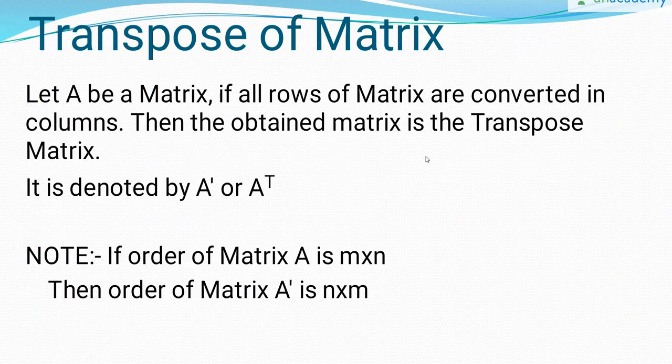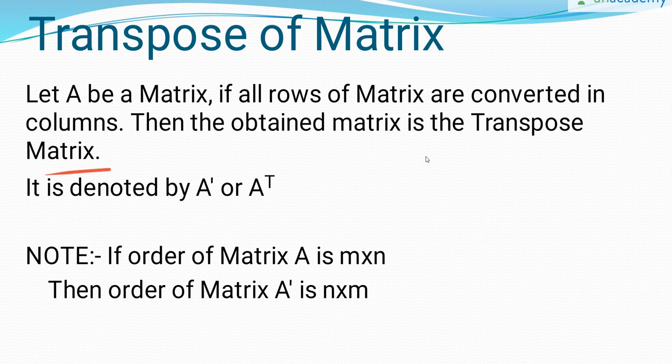Now, transpose of a matrix. What is the transpose of a matrix? If the matrix is A and we convert all the rows of the matrix into columns, then the matrix thus obtained is known as the transpose of the matrix. That is what we are doing.